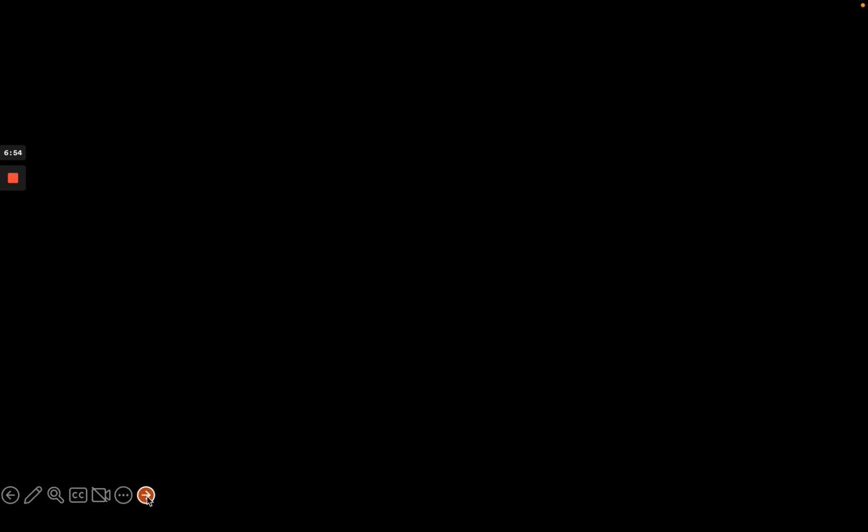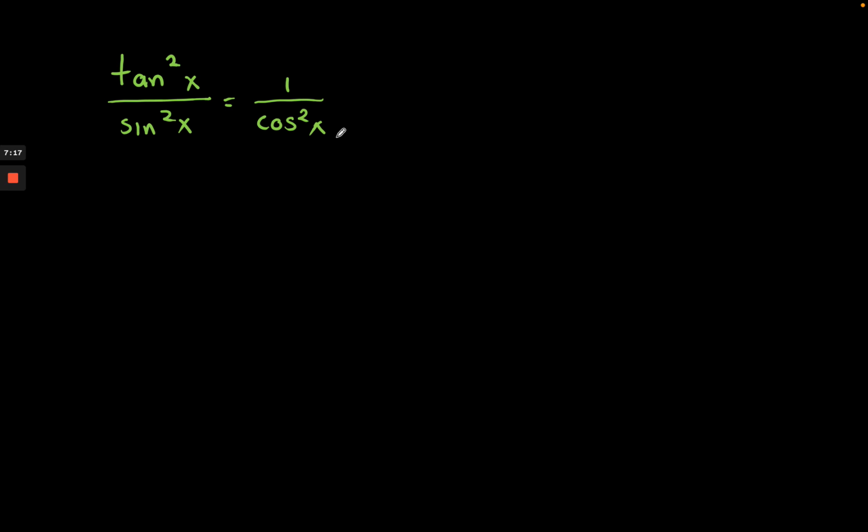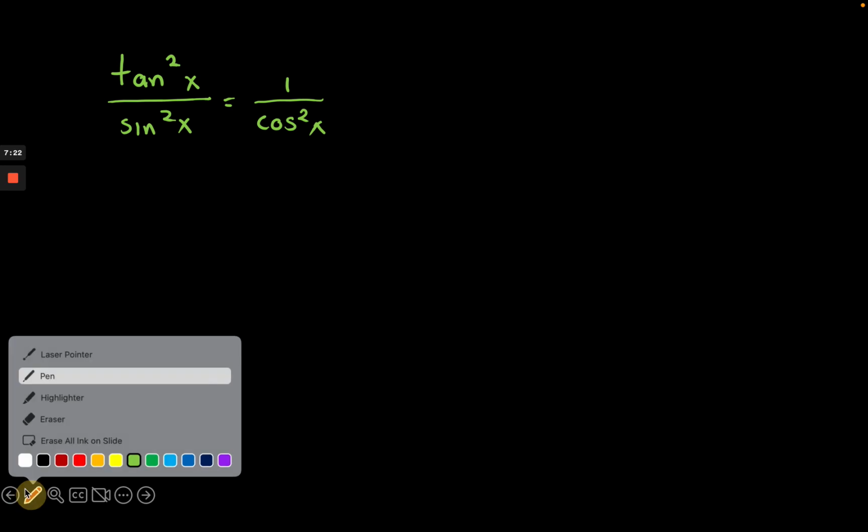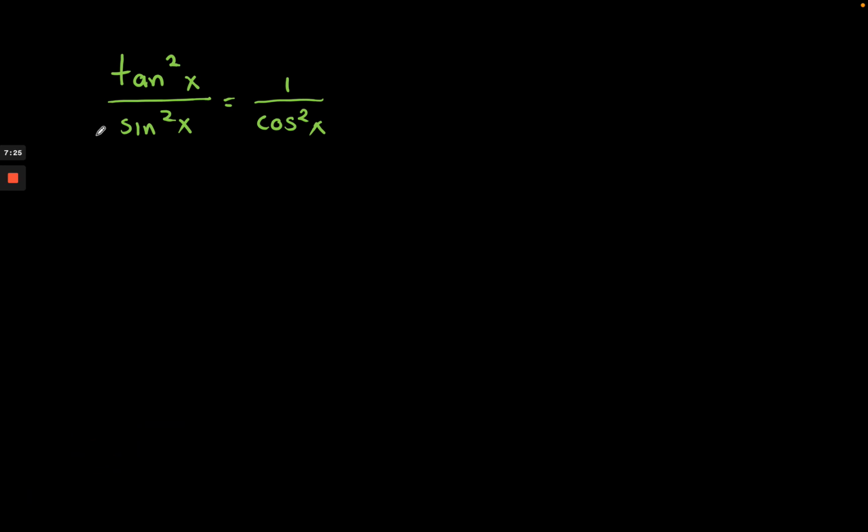Let's move on to the next one. Tangent squared x over sine squared x equals 1 over cosine squared x. Once again, I'm going to start on the left because that looks to be a little more complex. So I'm going to change the tangent to sine squared x over cosine squared x.